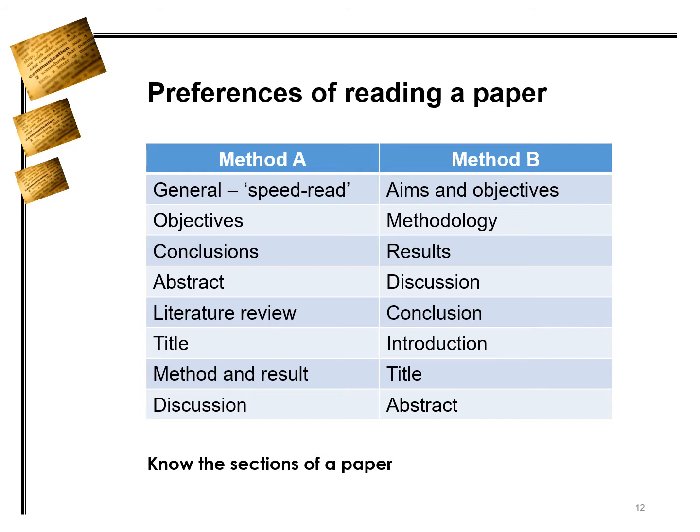Now, it does not matter whether we use method A or method B. It all depends on your preferences. However, what's important is we must know and understand the sections of the paper before we can start to conduct critical appraisal.